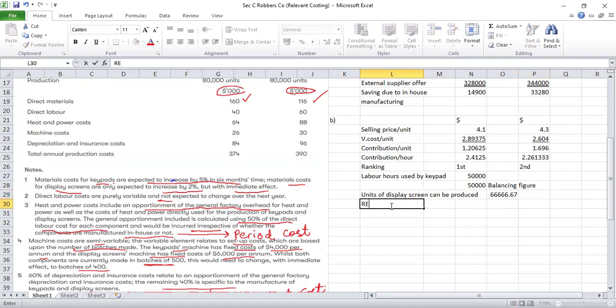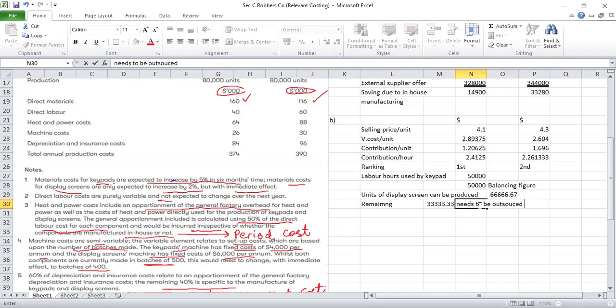Remaining: 100,000 is the maximum minus this. This needs to be outsourced.